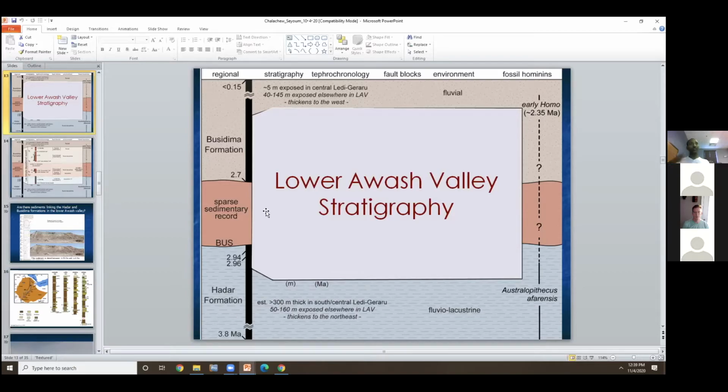In the previous years, other geologists have visited almost every part of the Afar region, so they have some idea, and they suspect there is a little bit older sediment, and that the missing sediment could be in the Ledi Gararu.